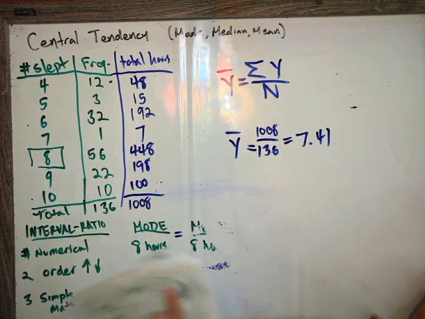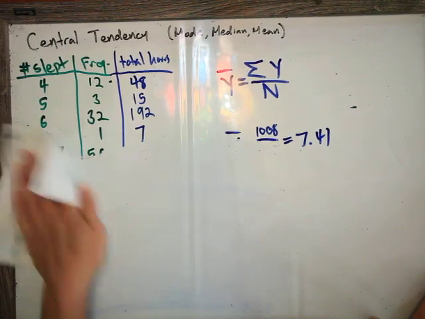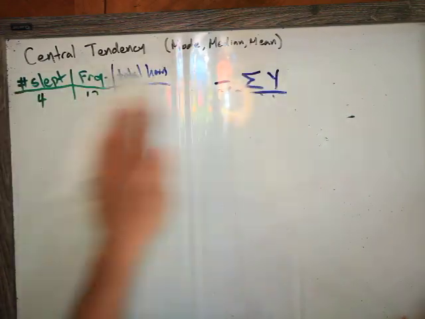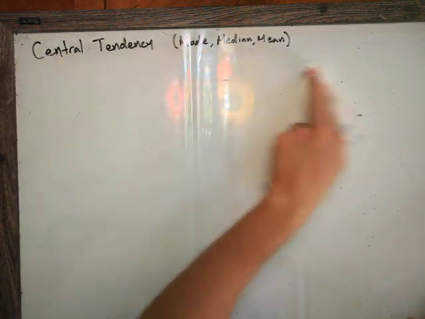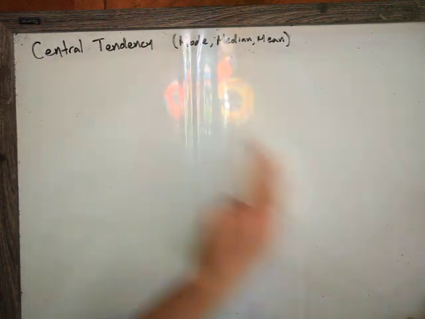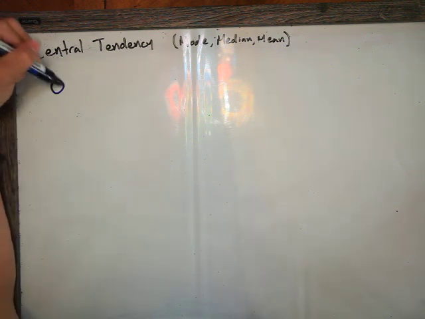So at this point, we've done all of the measures of central tendency for nominal, ordinal, and interval ratio data using frequency tables. For a last example, we are going to do it using a list of raw scores. So that's just numbers, right?